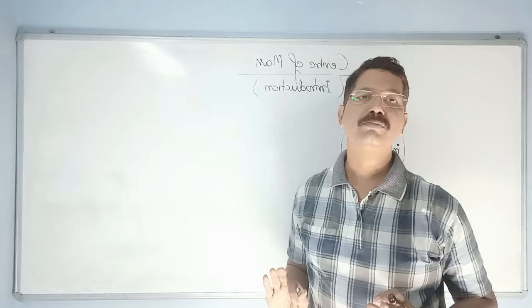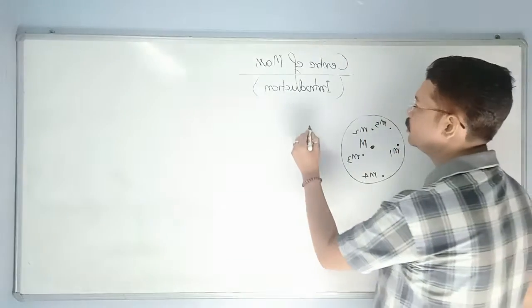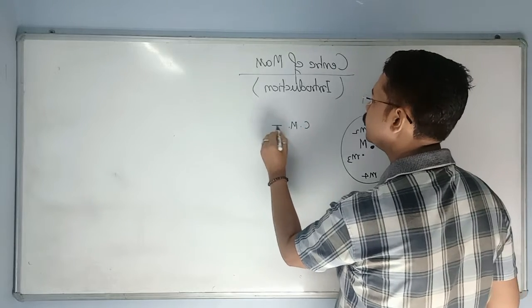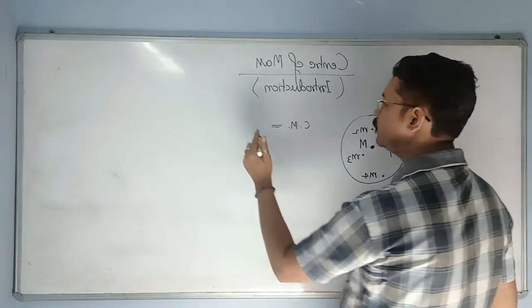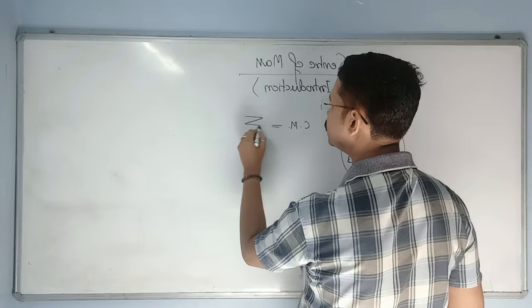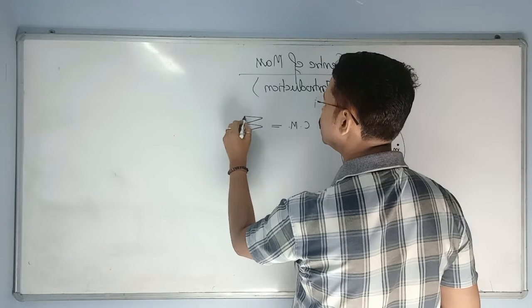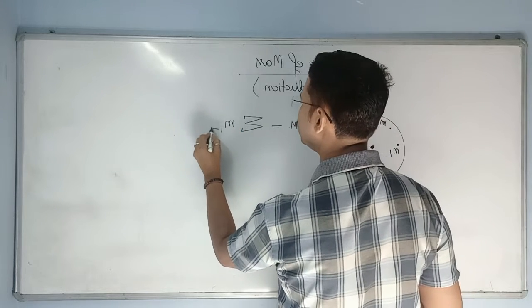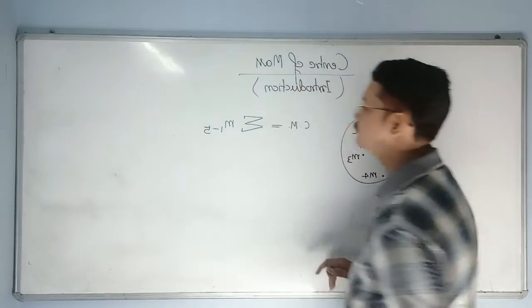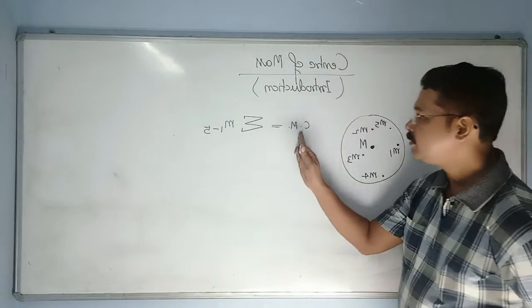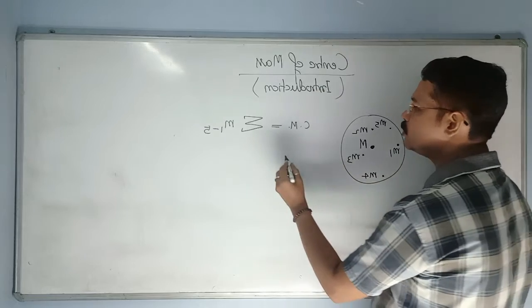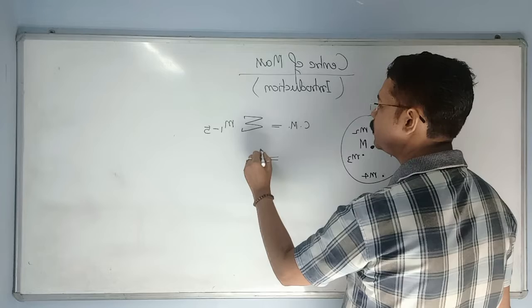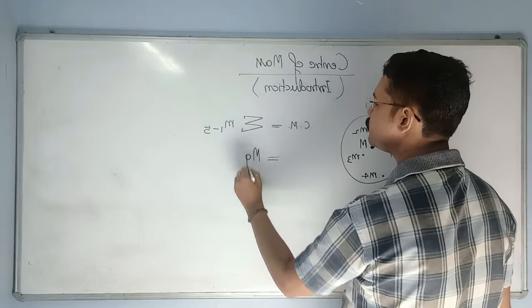Center of mass. So center of mass is the total mass 1 to 5, and this center of mass is also represented as total mass into g.